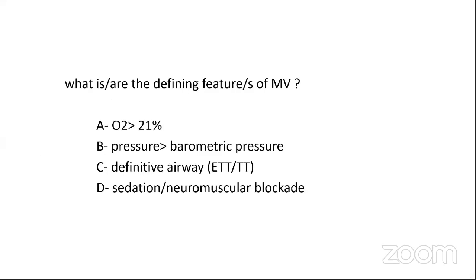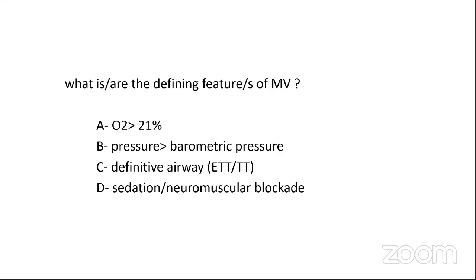I have a question that illustrates much of my introduction. Think of the following associations of mechanical ventilation. All of these are very common associations during mechanical ventilation. Which one or more of them do you think is essential?